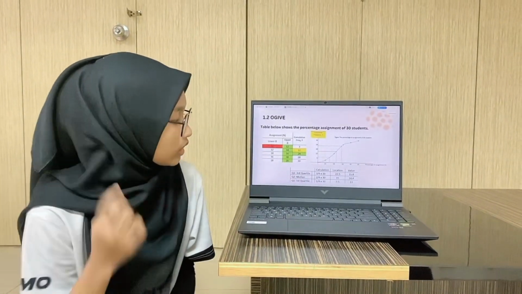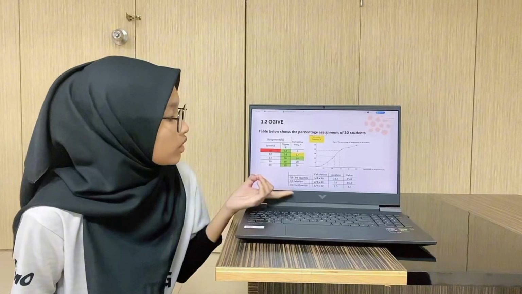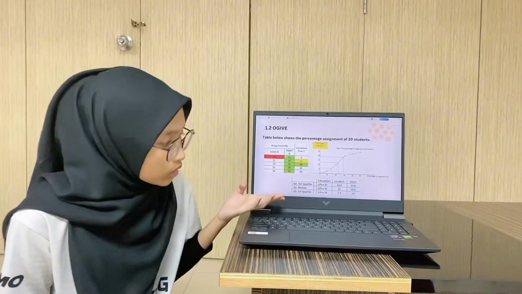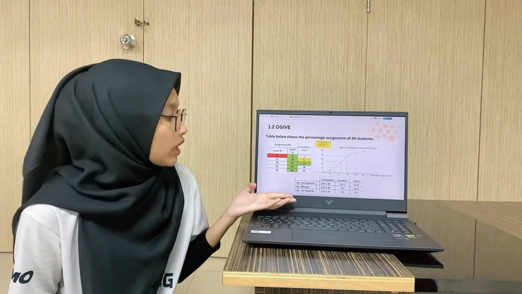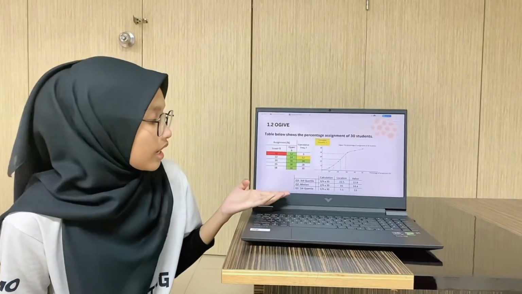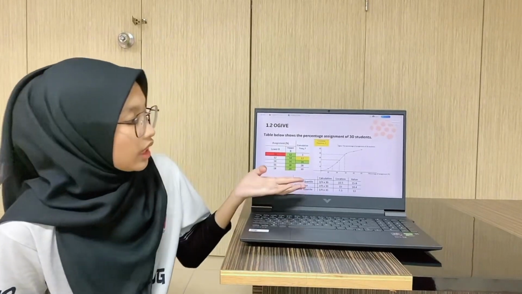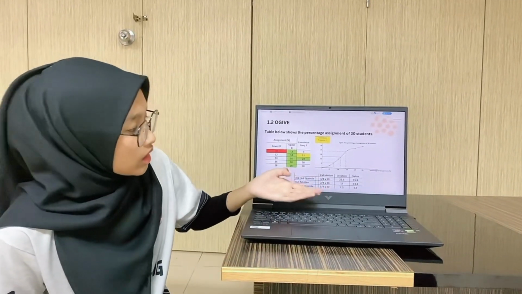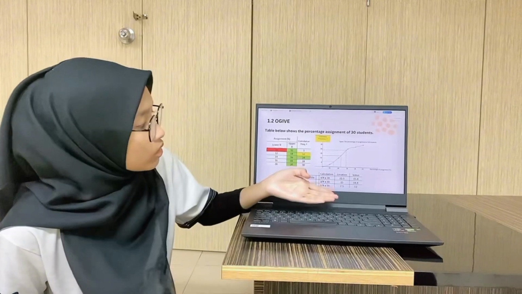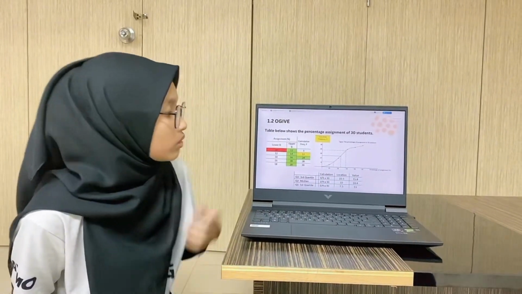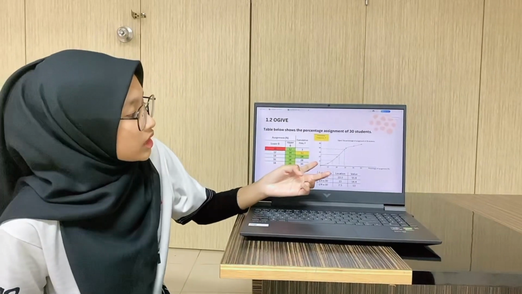For quartile 3, 3 divided by 4 times 30, quartile 2, 2 divided by 4 times 30, and quartile 1, 1 divided by 4 times 30, and we got this location. And then for the value, we got it from the ogive graph, where we follow the lines here.